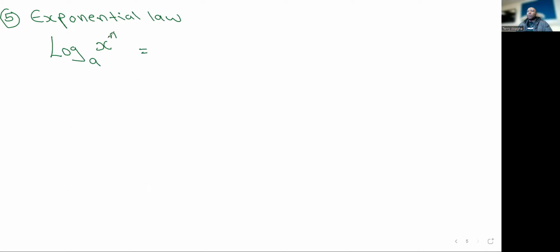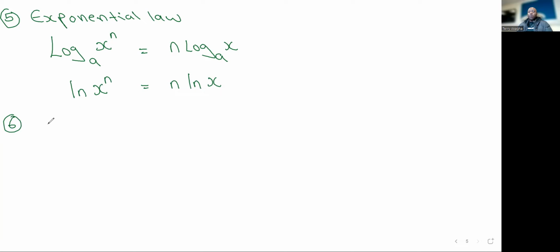So you bring the power to the front. So that will give us n log a x. So that means log x to base a, all right? Now the same thing, if you have ln of x raised to power n, you bring the n to the front, and that will give you n ln x.